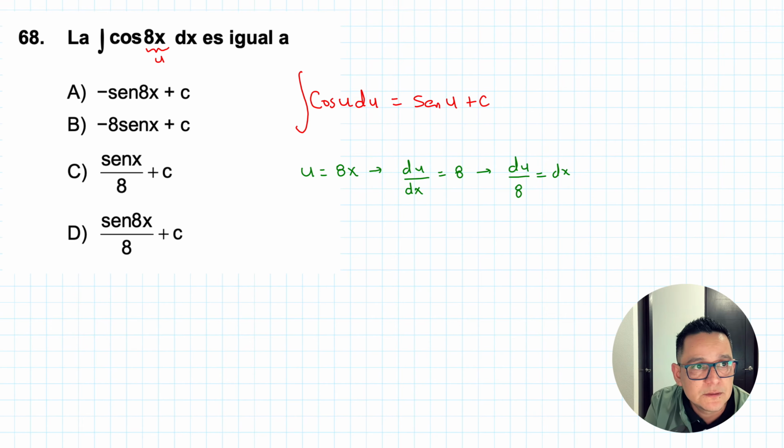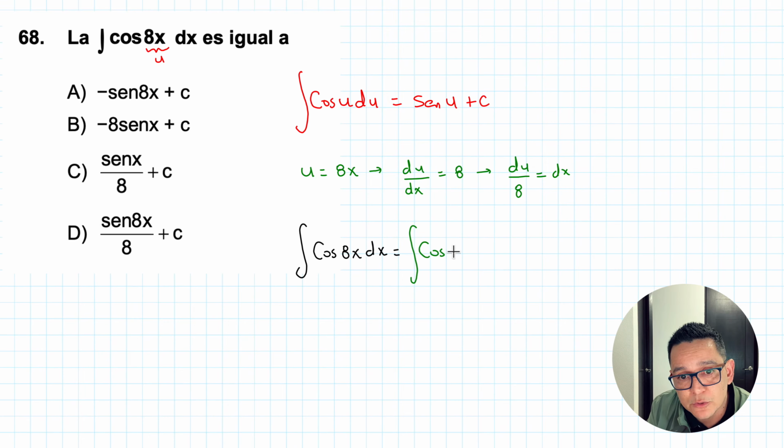So now I'll rewrite my original integral, cosine of 8x dx, and now I'll substitute my variable. So I end up with the integral of cosine of u, which is 8x, times dx, but dx is du over 8. So I'm going to write it like this, times du over 8.